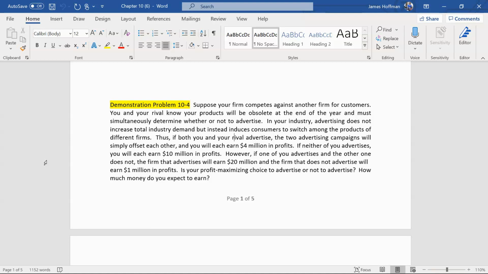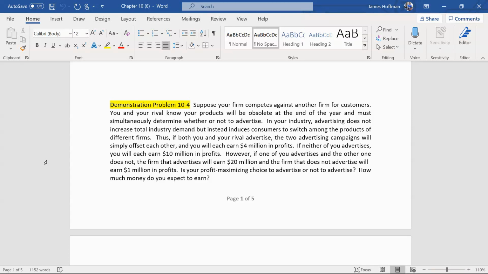If both you and your rival advertise, the two advertising campaigns just offset, you both lose money from the advertising budget, and each earn $4 million. If neither advertises, you each earn $10 million because you save the money from not advertising.